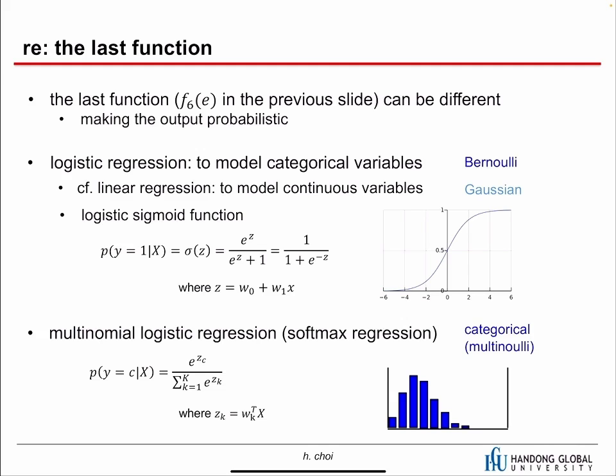We already talked about this sigmoid function and softmax in the regression chapter. As I said already, for logistic regressions, we want to model the categorical variables, and in linear regressions, we want to model the continuous variables. And if we have multiple classes, then instead of just the simple Bernoulli, we can use categorical distributions based on this softmax.